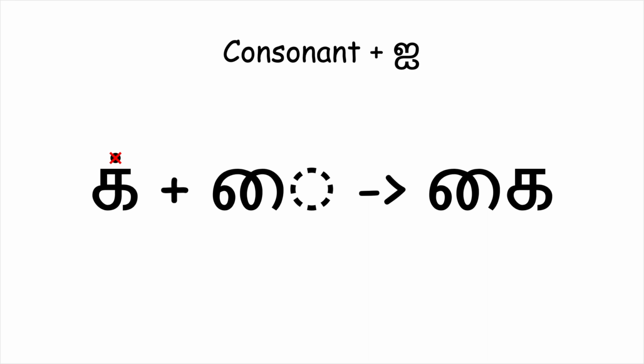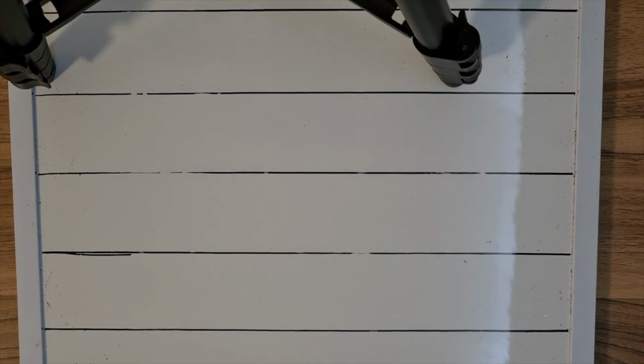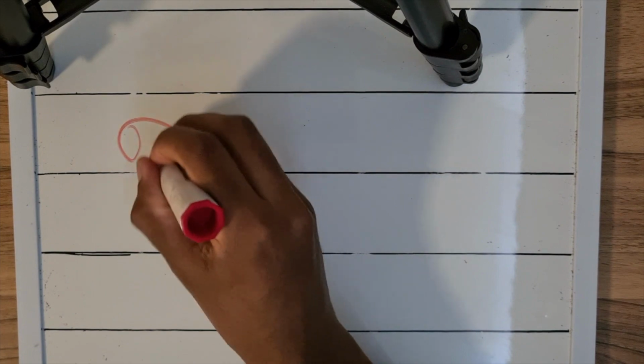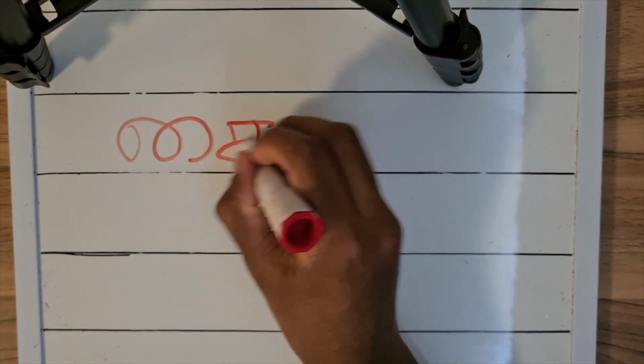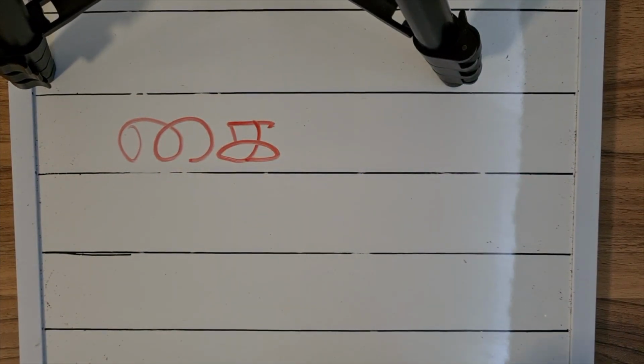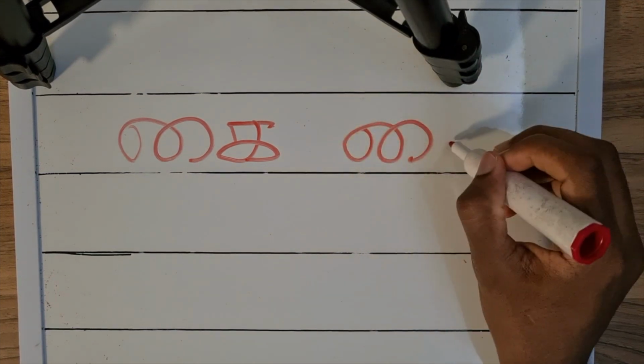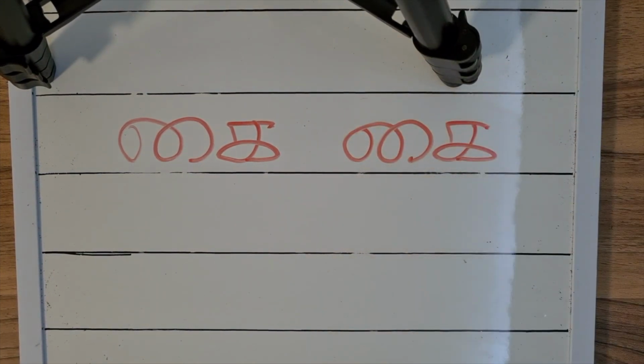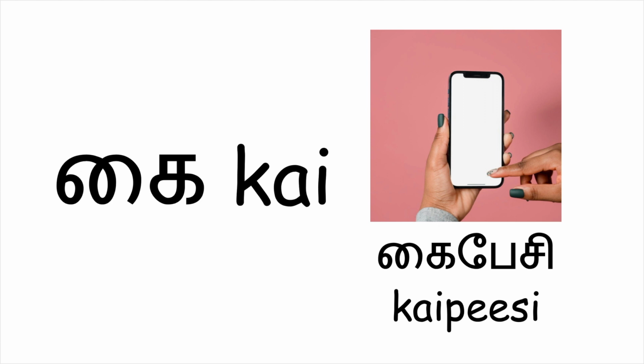Let me show you how to write kai. An example word that starts with kai is kaipesi, which means mobile phone.